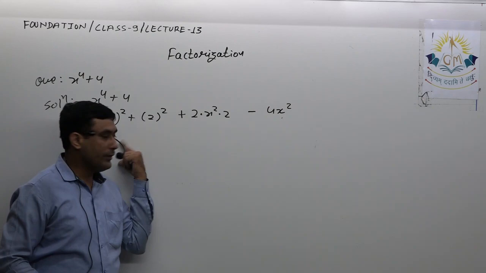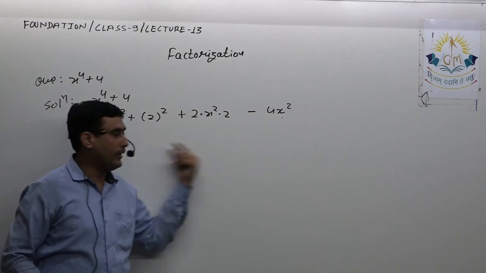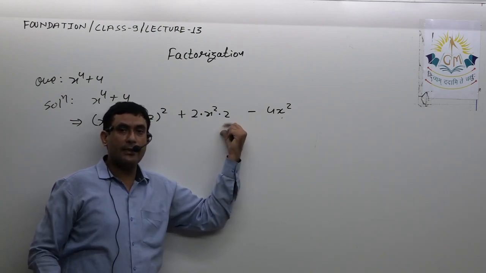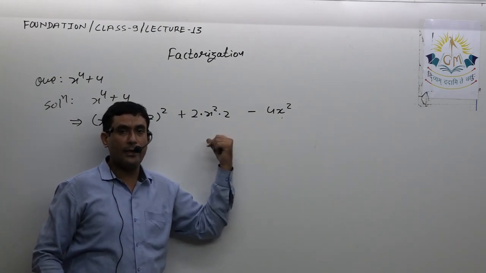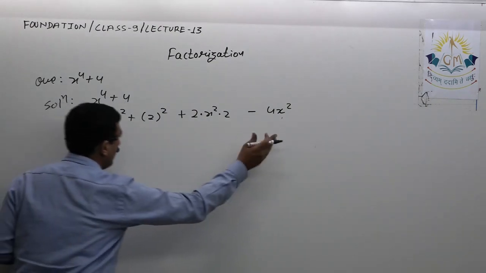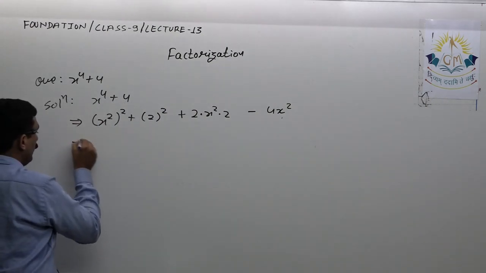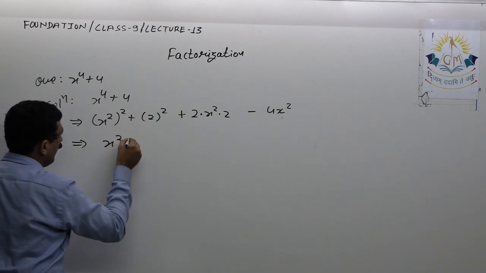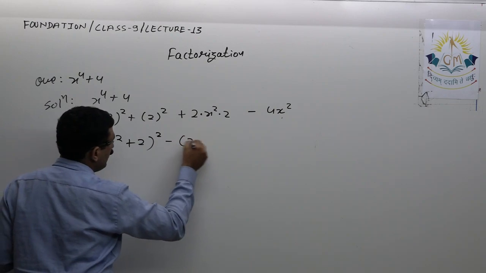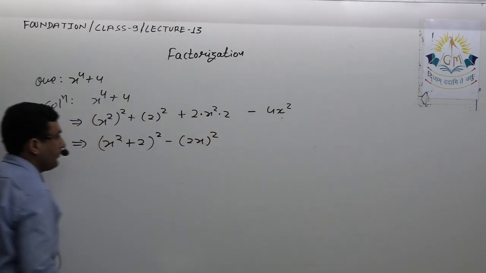So now the first three terms give me a complete square, and the second term is also a complete square with a negative sign between them, so that I can apply the identity of a plus b into a minus b to factorize them further. So here I write x square plus 2 whole square minus 2x whole square.